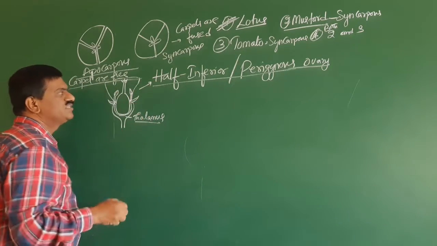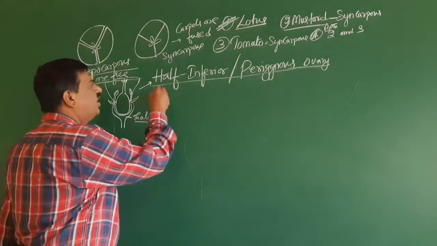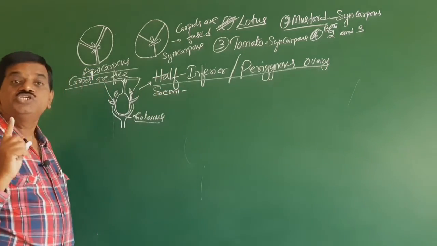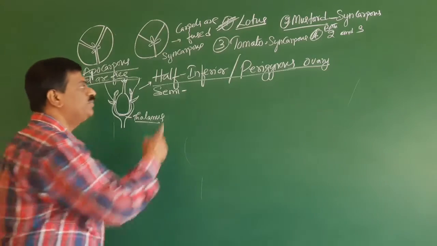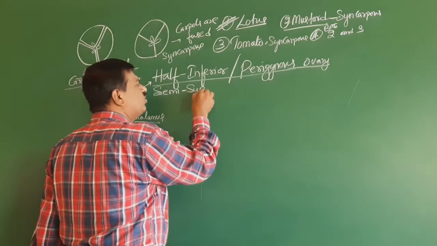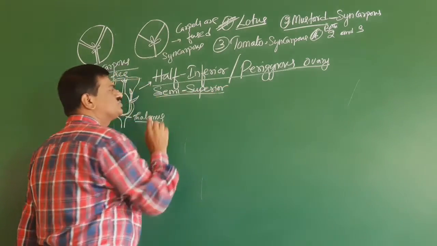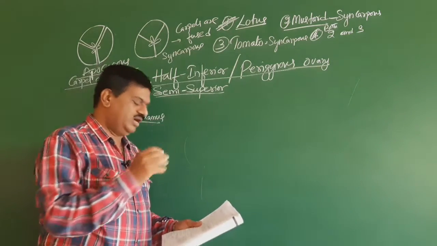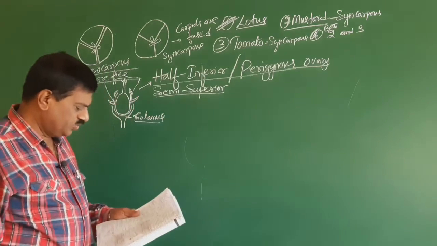Hence it is called half inferior, or semi-inferior or semi-superior. Both are the same. It is called perigynous ovary.